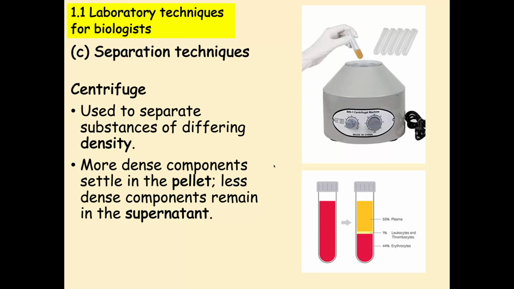Okay, so the more dense components end up settling in the pellet, and the less dense components remain within the supernatant. Now if we have a look here, we've got a diagram of some blood. You can see the plasma, the white blood cells and the red blood cells have all been separated there. The supernatant is the less dense stuff at the top, and the pellet is the more dense stuff at the bottom. So we'd find the pellet at the bottom of our tube when we were doing a centrifuge.